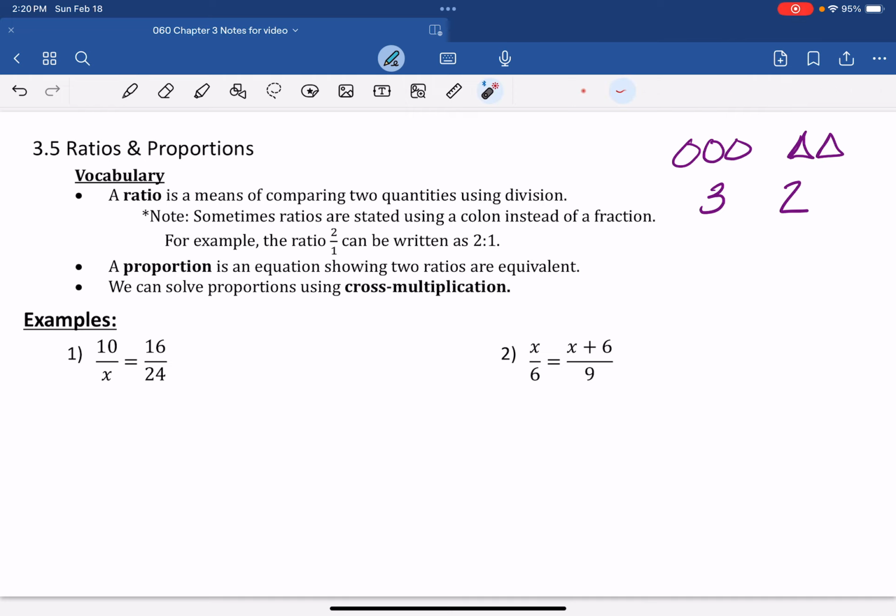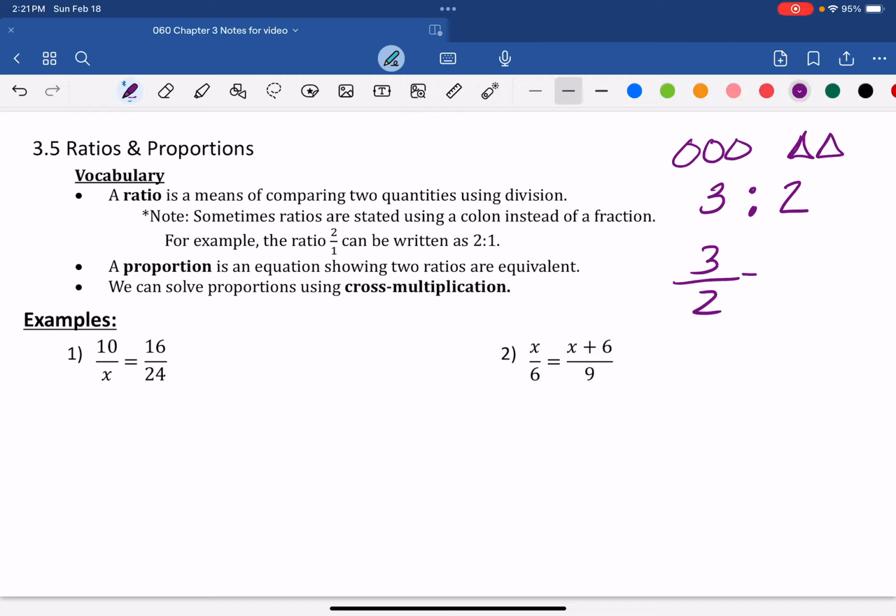We could choose to use colons for that comparison, or division or a fraction for that comparison. We're going to focus on the fraction comparison. When you have 2 ratios that are equivalent, you can set them equal to each other, and that's helpful if you know part of one ratio but not the other part.